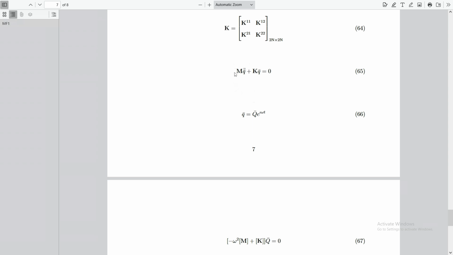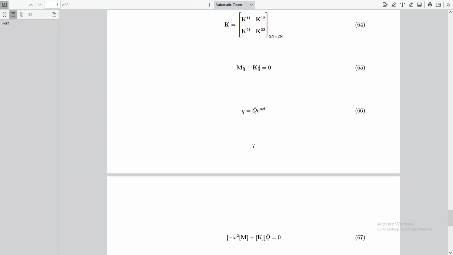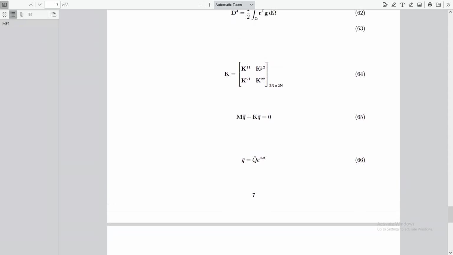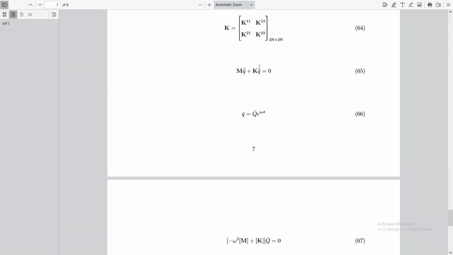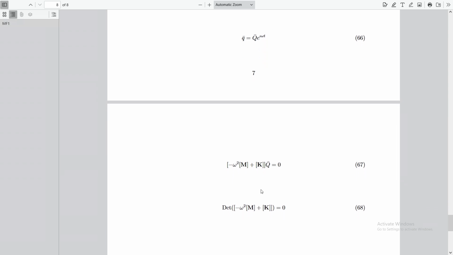After obtaining this equation, Q is the vector containing the A_i's and the B_i's. We substitute for Q by this, and for this to have a non-trivial solution, this must be true.